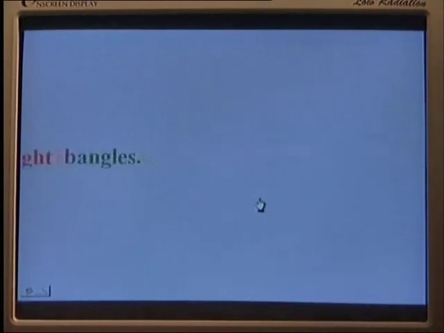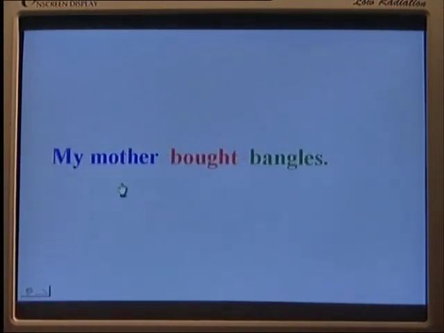In the second sentence, again my mother bought bangles. My mother is the doer of this sentence. So, the sentence began with the doer as the subject, therefore, this is in active voice. So, what is the subject here? My mother. And verb bought.